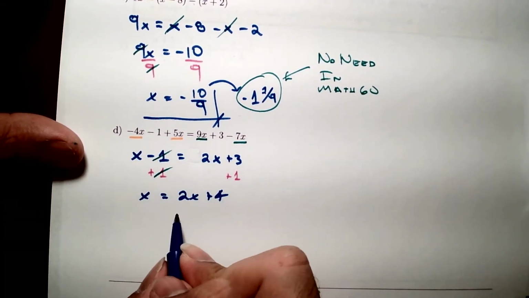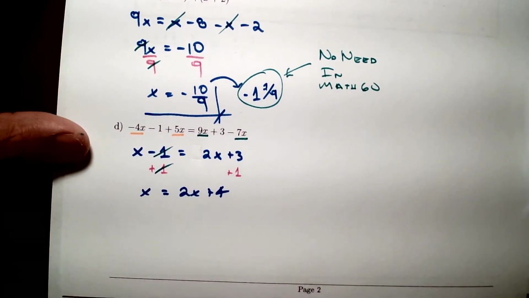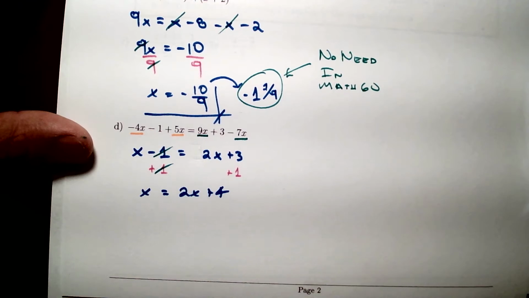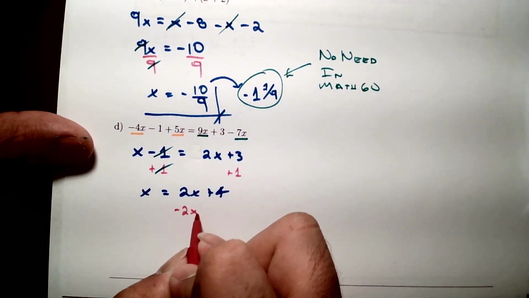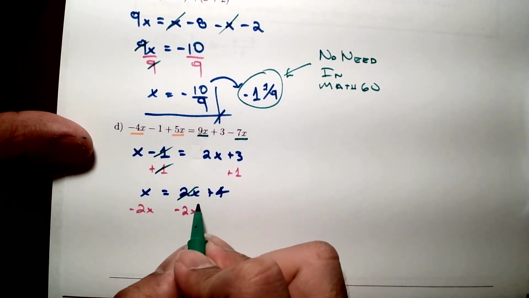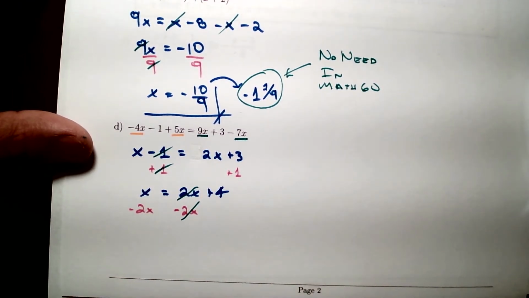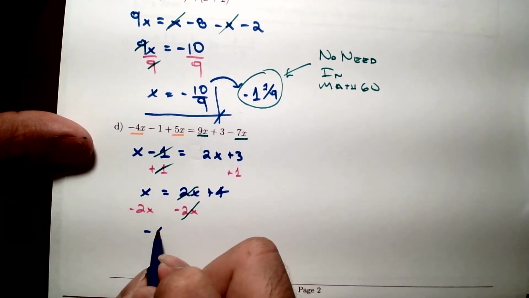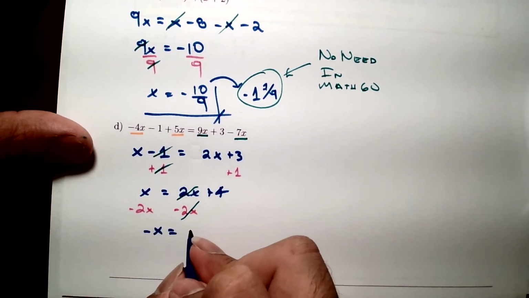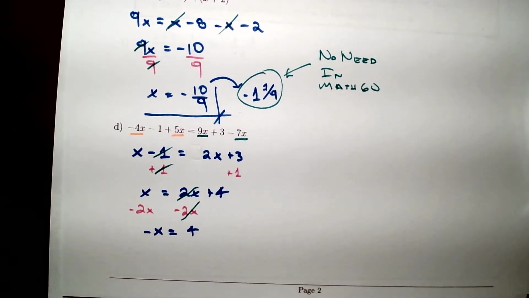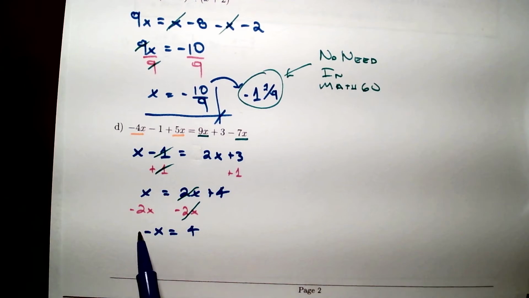And now the next move here is to have these 2x to the left hand side, and we can do that by subtracting 2x on both sides. Cancel, cancel, and x minus 2x, that's going to give me negative x equals positive 4. It looks like we are done, but we're not done yet. We need to get rid of this negative sign.